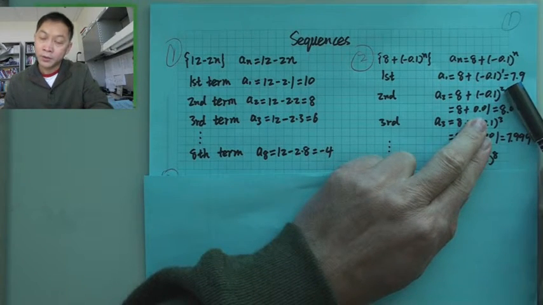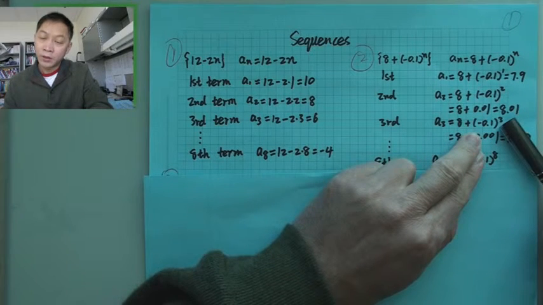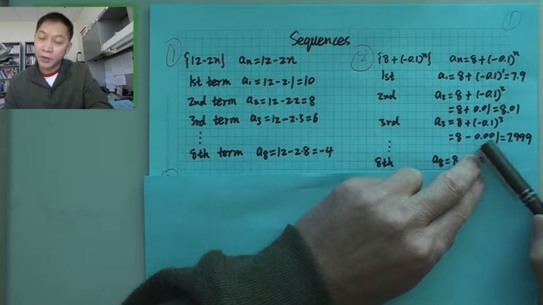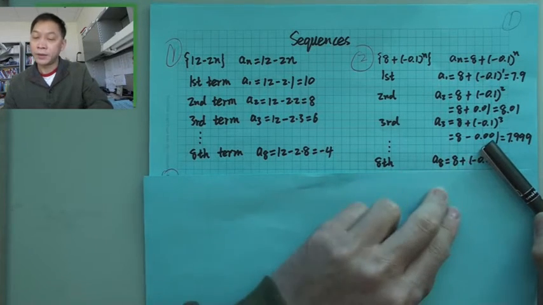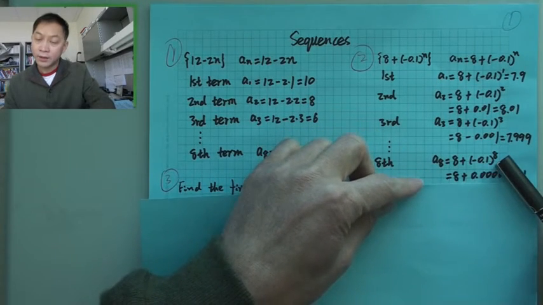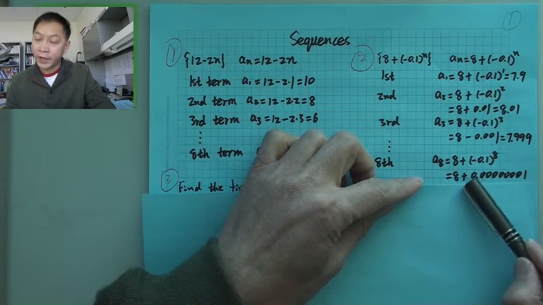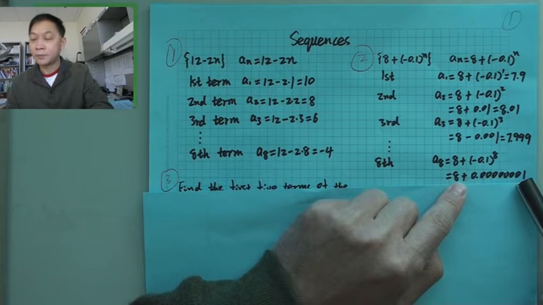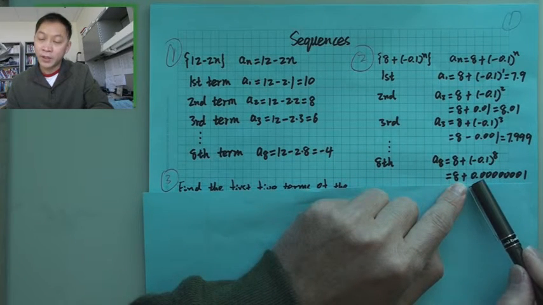If it is cubed, then you have 3 zeros, including the 0 before the decimal point. Okay, so if n is 8, then you have a total of 8 zeros, including the 0 before the decimal point.